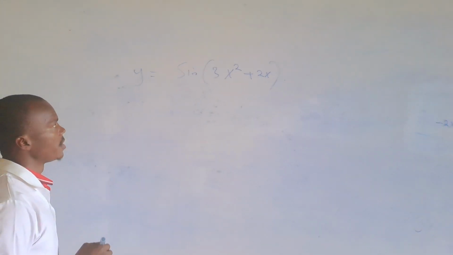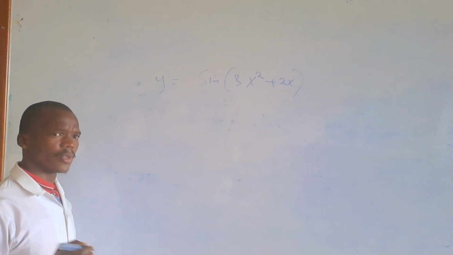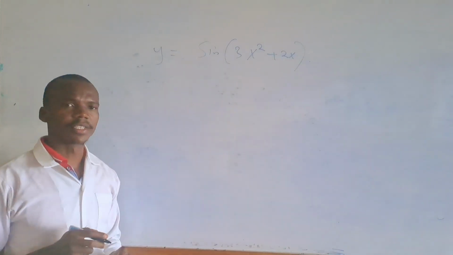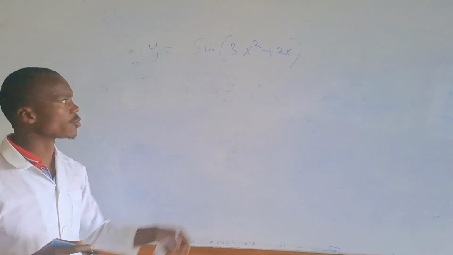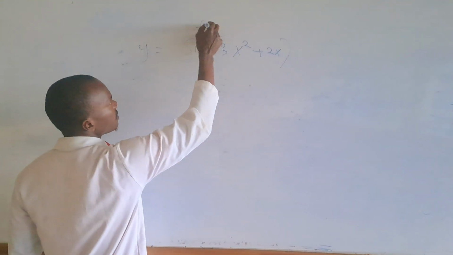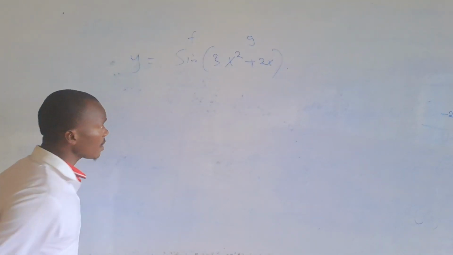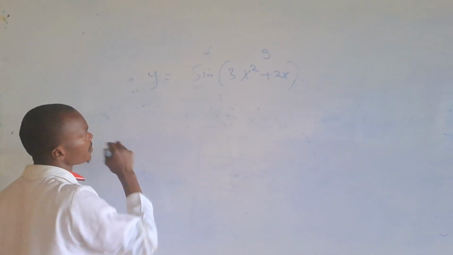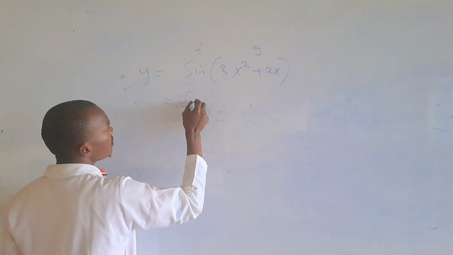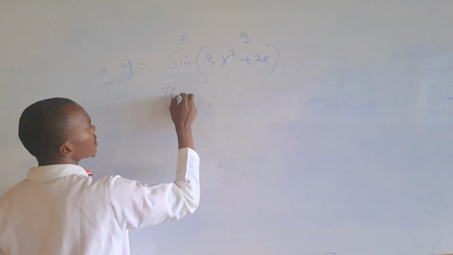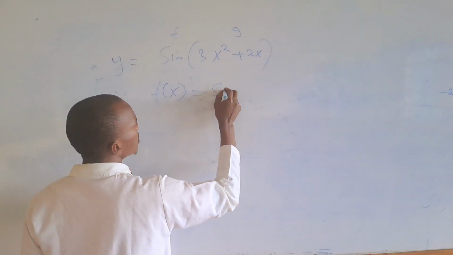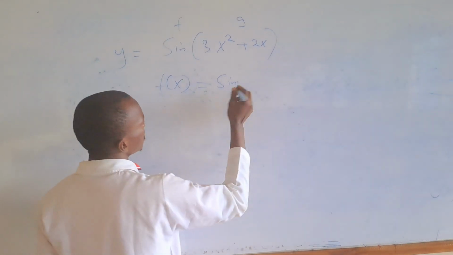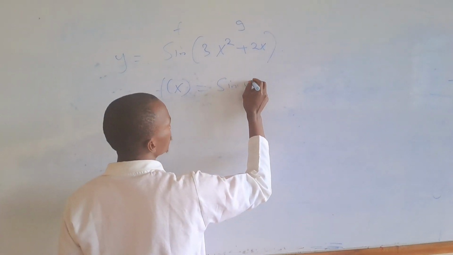So this one here also, the chain rule will help us to differentiate this one, where we say this one to be f and this one to be g. Very good. So this one is f, this is g. So we say f of x is equal to the sine of this one, which maybe we might say this one be u.